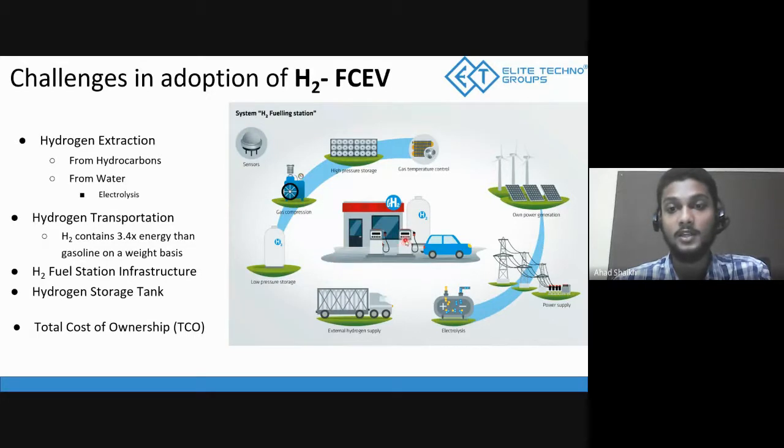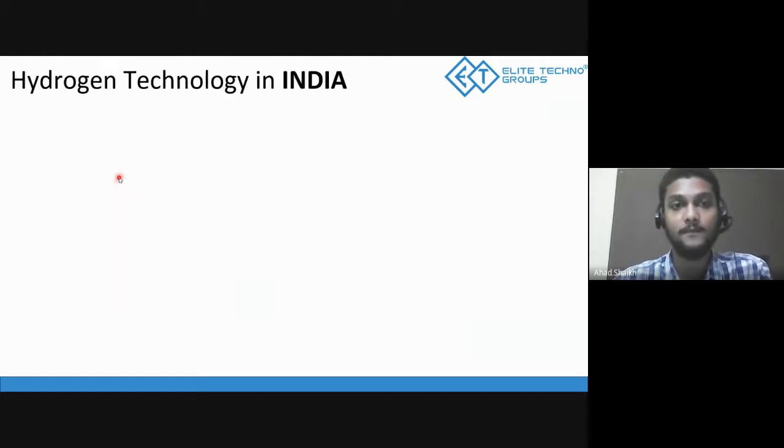It takes a lot of money to build all this system, and that's how the cost for the end consumer gets affected. So it is costly. The cost of the Toyota Mirai is somewhere around $40,000 to $50,000, and if you convert it to Indian rupees, it's somewhere around 40 lakhs. So it's something middle class people cannot afford. Those are the challenges in the adoption of hydrogen fuel cell technology.